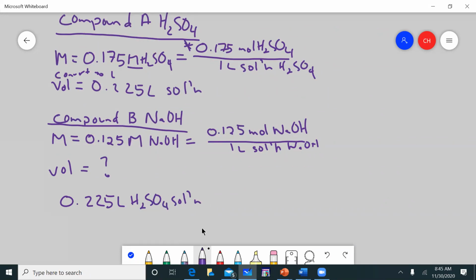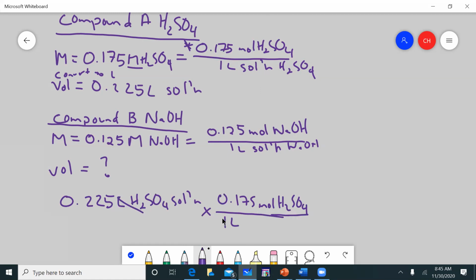Now, that first part of the flow chart said to use the molarity, so this is my molarity, as a way to convert from liters to moles. So looking at this, moles I'm going to put on top, liters I'm going to put on bottom, so that we can get into units of moles H2SO4, and we can get rid of the liter.